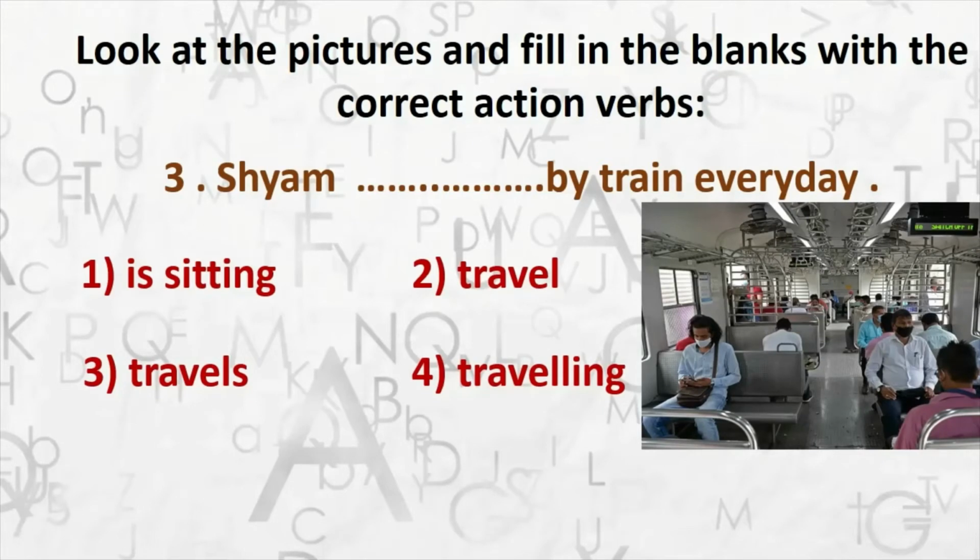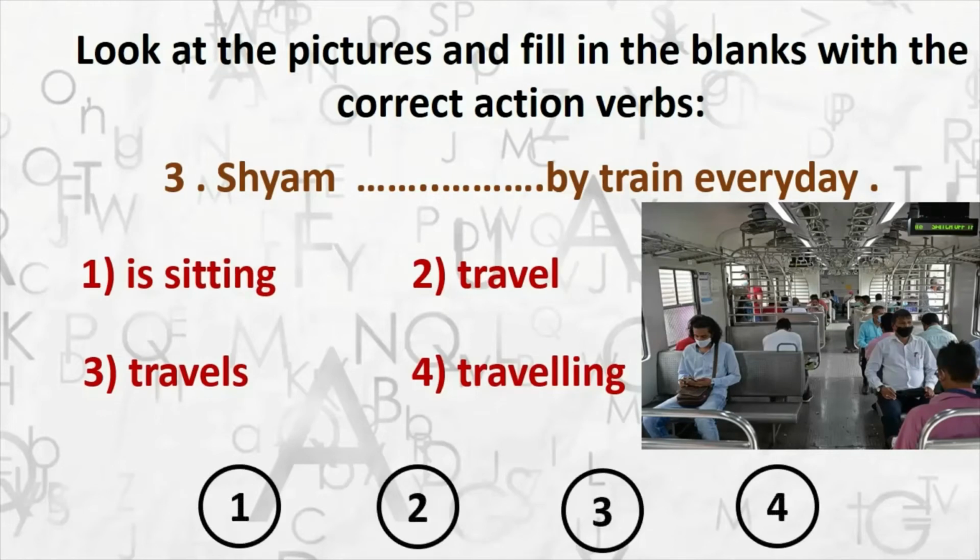Or Sham traveling by train every day? So which one will be the right one? Sit, travel, travels or traveling? 1, 2, 3 and 4. The answer will be option number 3. Sham travels by train every day. So this was the third question.